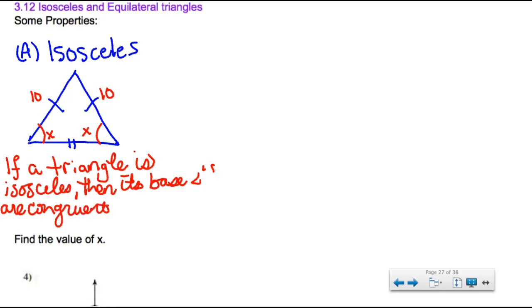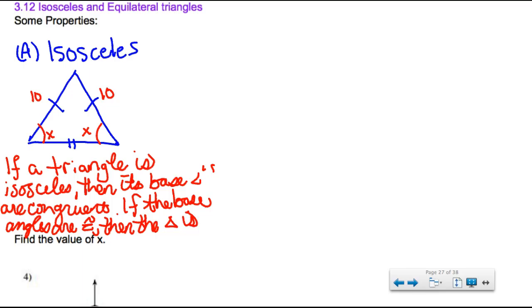The converse of that is also true. If the base angles are congruent, then the triangle is isosceles.